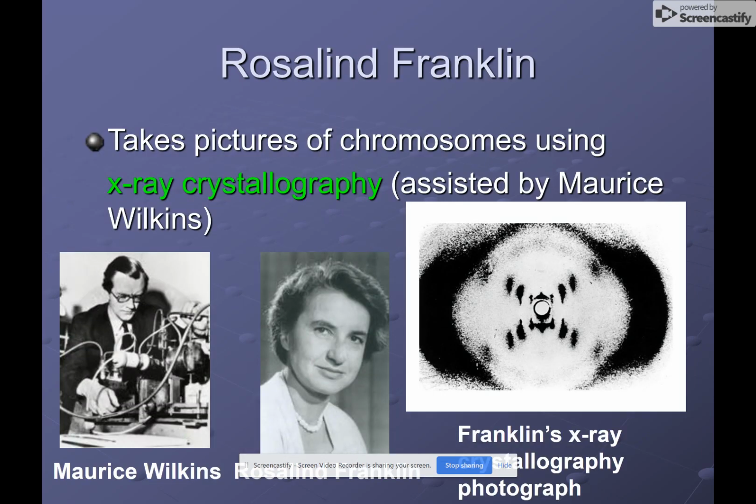Next we get to Rosalind Franklin, who gets left out from a lot of the discoveries up until recently. But in the 50s, she started to work with X-rays, and it's called X-ray crystallography. And she was able to take a picture of a single strand of DNA. You can see it here. These black marks are where the DNA is touching the X-ray screen, and so this showed that it was spiral, or think of a slinky.